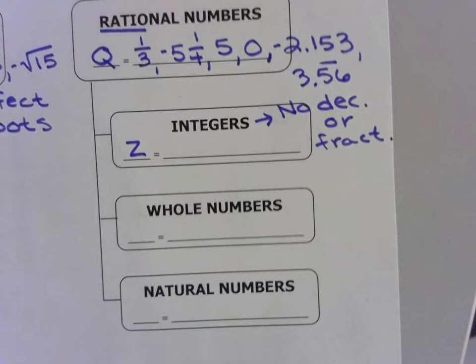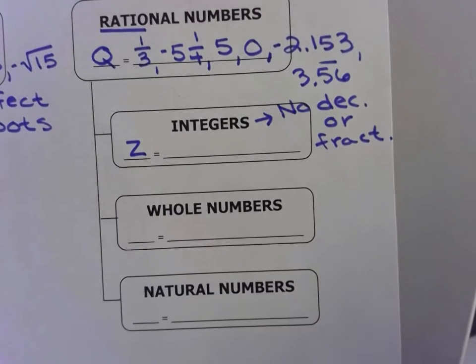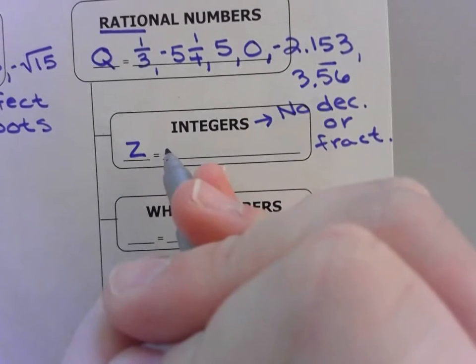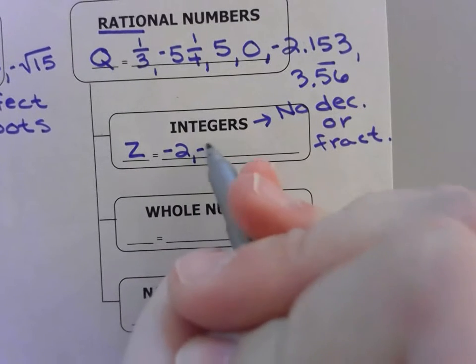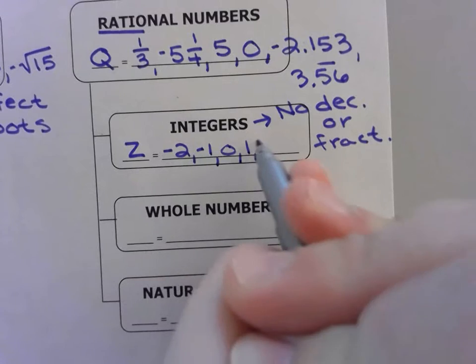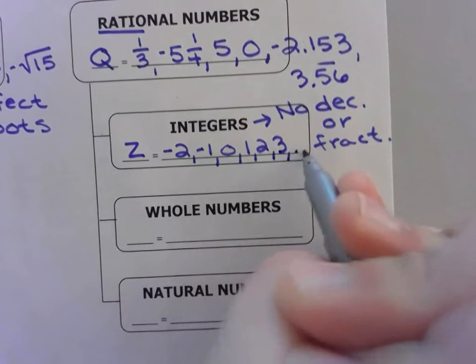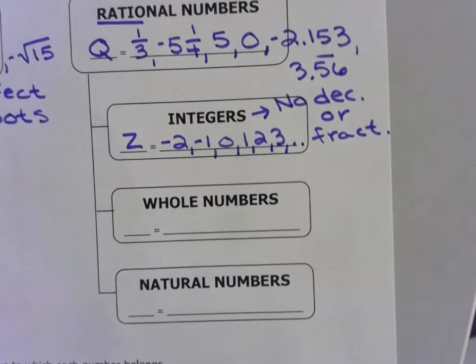Make sure you write down these notes on the side. An integer is a rational number that does not have a decimal or fraction. So what would be an integer? 5. Any number like -2, -1, 0, 1, 2, 3, 4, 5. Any rational number that does not have a decimal or fraction is an integer.